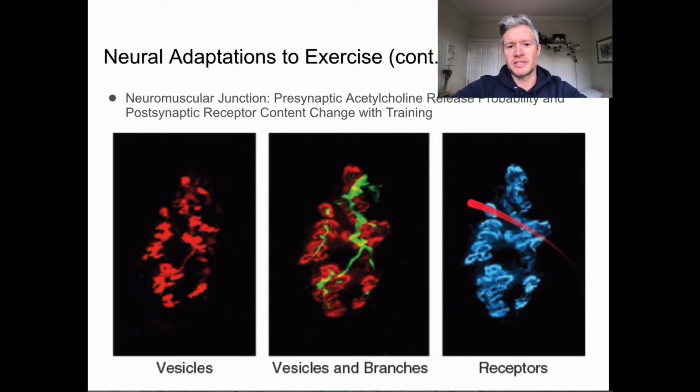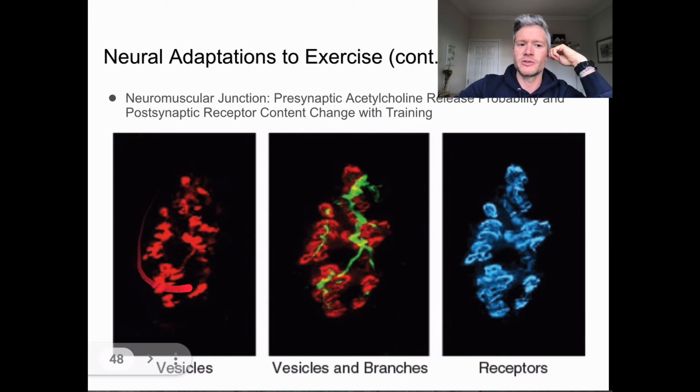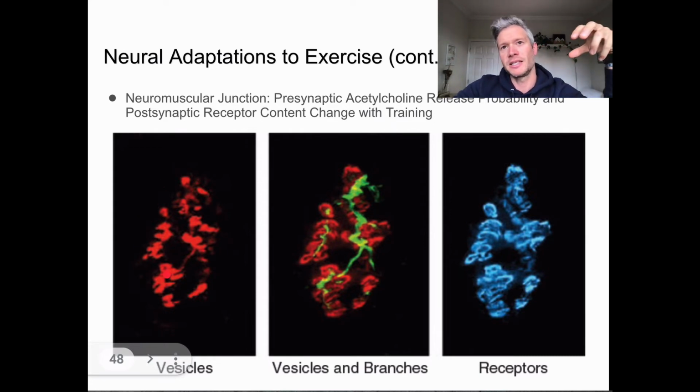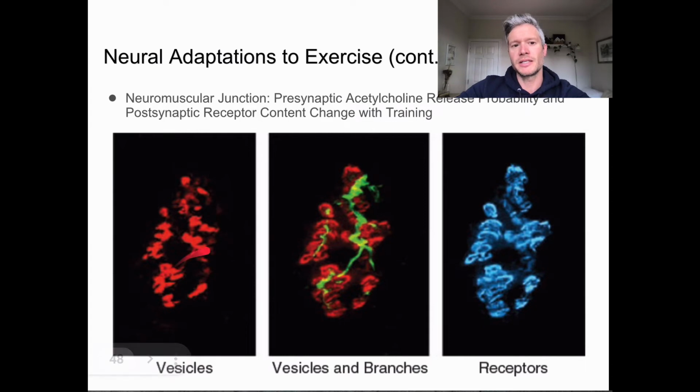And really, aside from just having some very cool imaging here, this highlights a few things, and primarily a reminder that acetylcholine is the neurotransmitter transmitted across the neuromuscular junction. What we'll find is there's more vesicles, so there's a larger capacity in our motor neurons to transmit some of this acetylcholine. But there's also a greater number of receptors on the motor end plate, on the other side of the synaptic cleft between our neuron and our skeletal muscle.